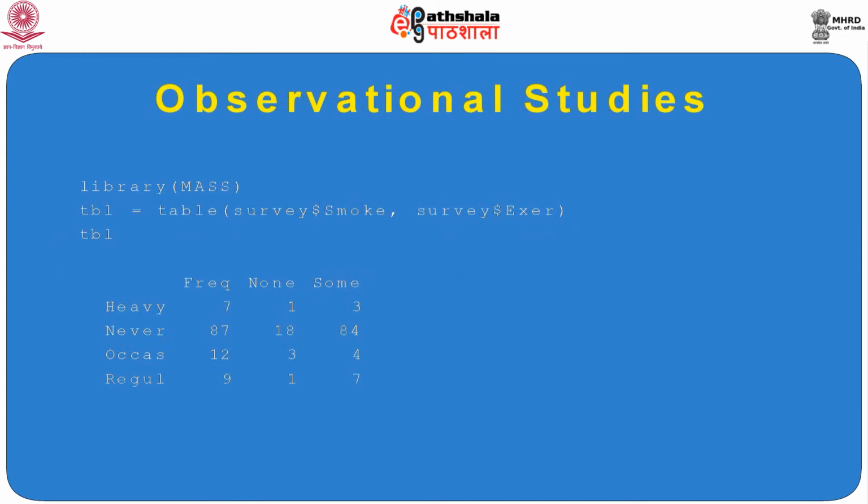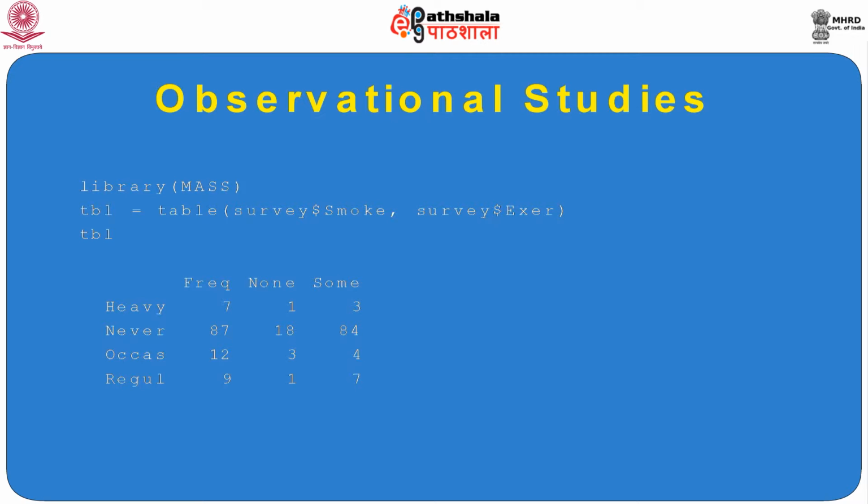Here there is one observational study dataset, and we are using the library MASS here, where the table function is used. In the survey data, Smoke and Exer, the exercise variable, are considered, and this measurement of smoke and exercise is assigned as a table called TBL.